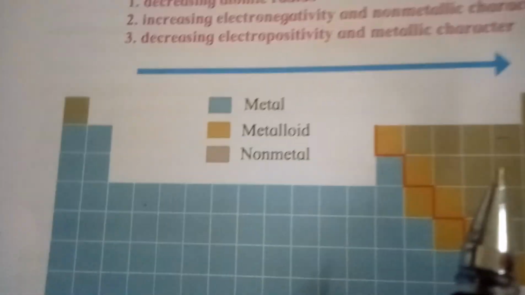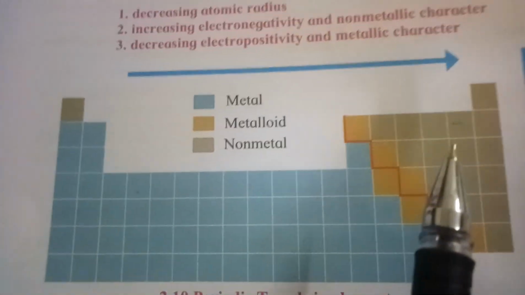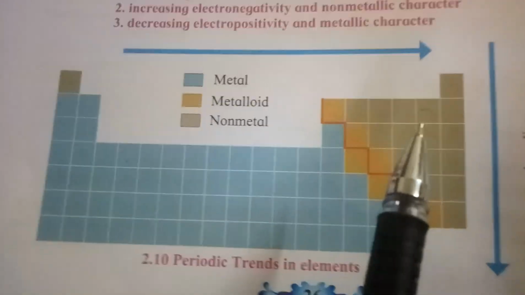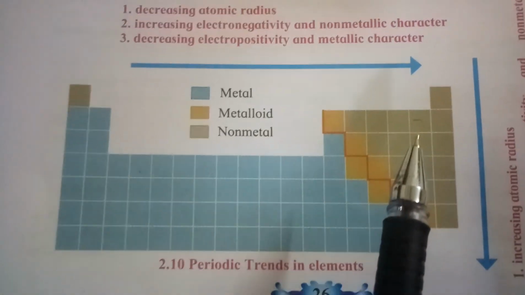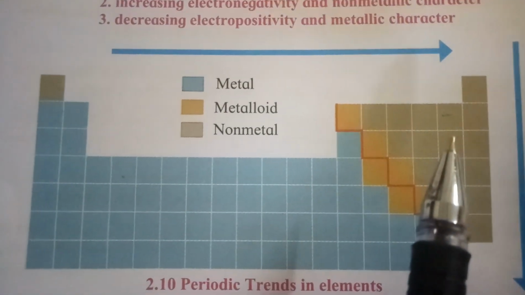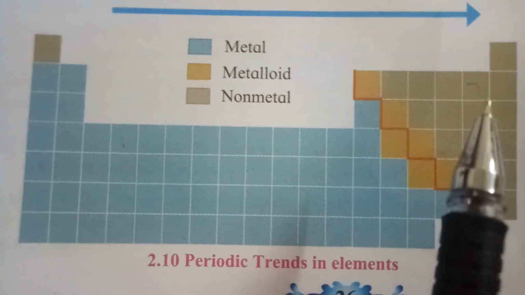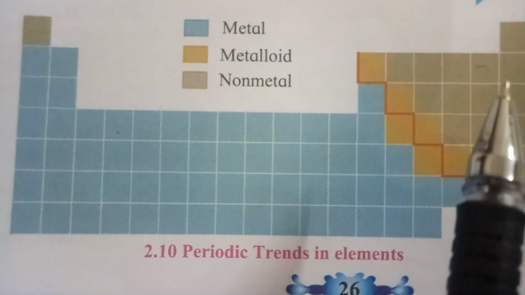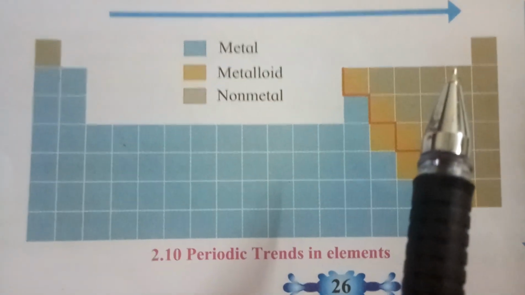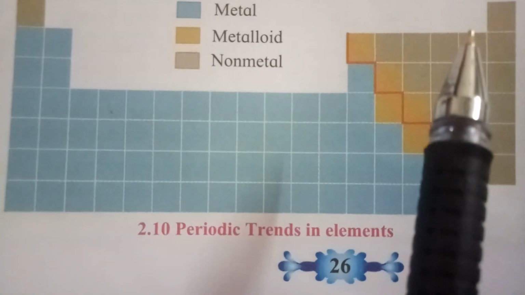Because of their presence, the effective nuclear charge exerting an attractive force on the valency electrons is somewhat less than the actual nuclear charge. Thus, the number of valency electrons in a metal is small, that is 1 to 3.